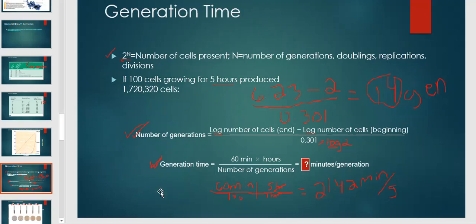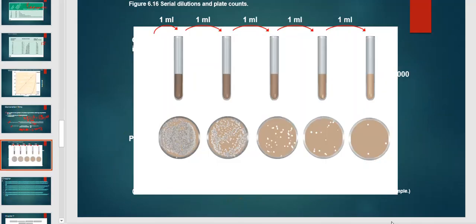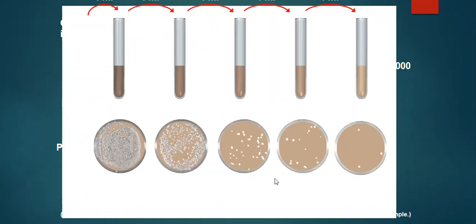With the serial dilution lab, all we did is that we had our first tube, and we put in there 1 ml of the microbe. So we had a 1 to 10 dilution. And then we put 1 ml of that into another. So that was 1/100th, then 1/1,000th, 1/10,000th, and then 1 millionth.